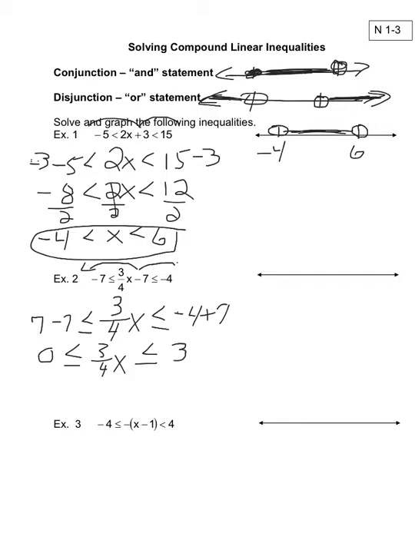I divided, which really is flipping it and multiplying it, which is called multiplying by the, starts with R, reciprocal. What is the reciprocal of 3/4? 4/3. Okay, so I have 4/3 that I'm going to multiply by. Whatever I do to one part, I've got to do to all the parts.